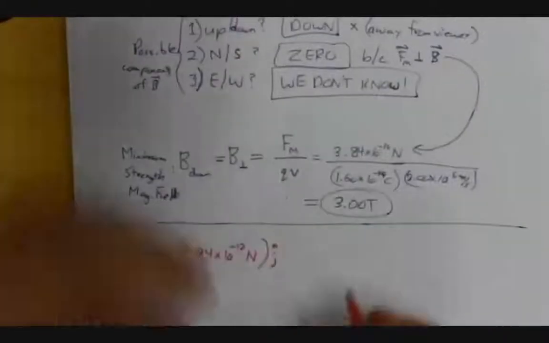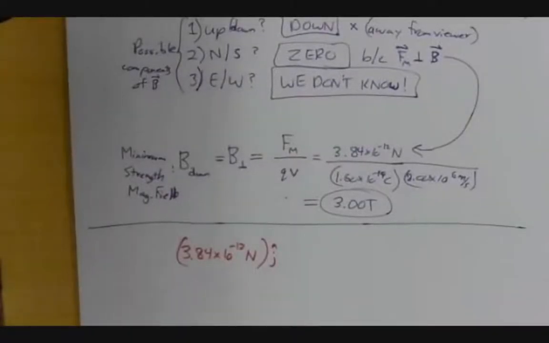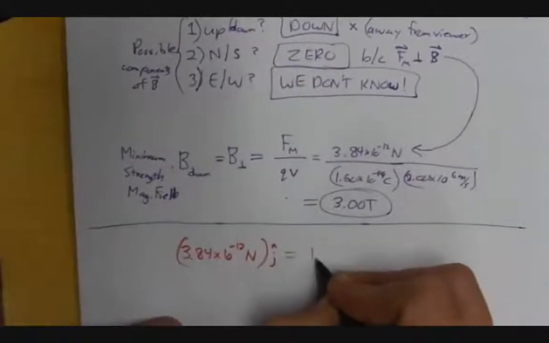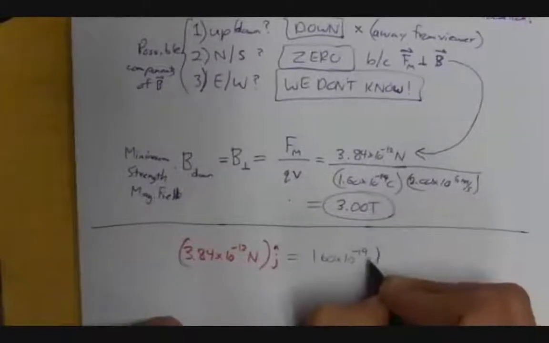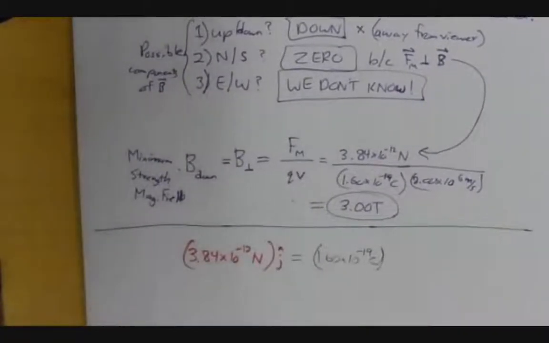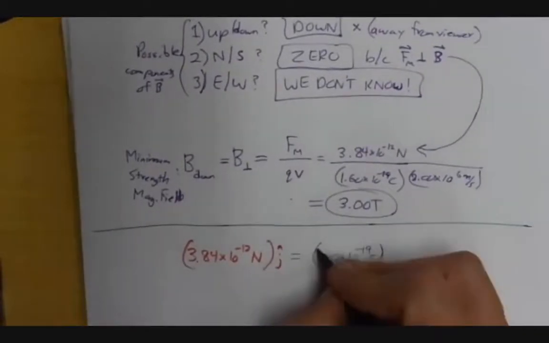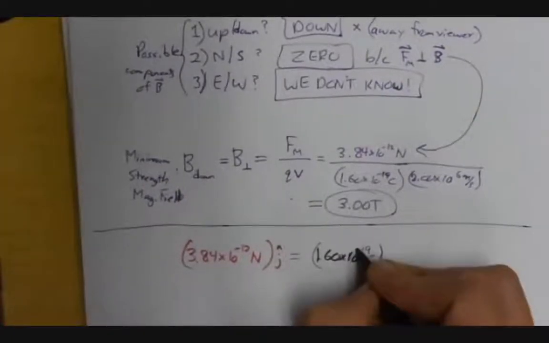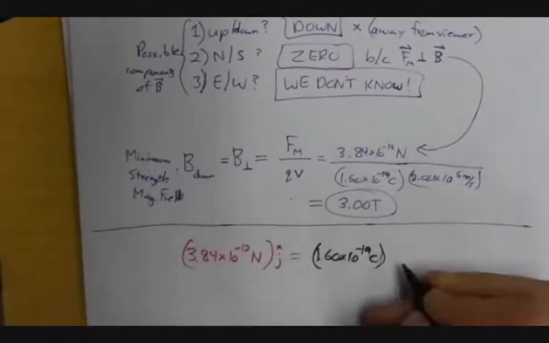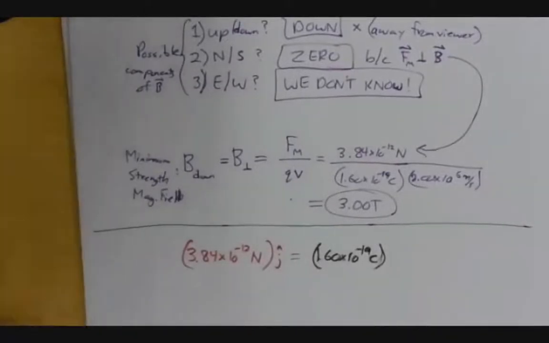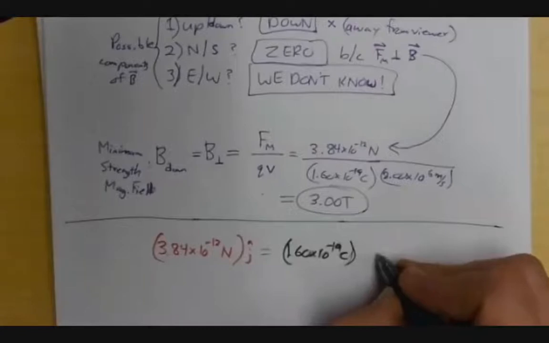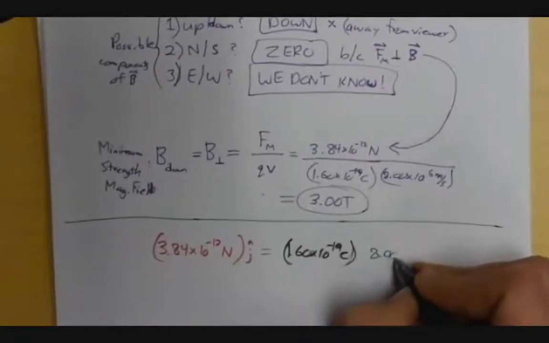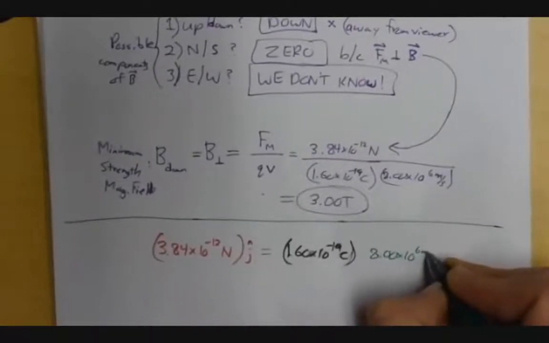Then we've got a scalar, 1.60 times 10 to the minus 19 coulombs. That's a scalar. Then we've got V, which is in the i hat direction, with a magnitude of 8 times 10 to the 6th meters per second i hat.